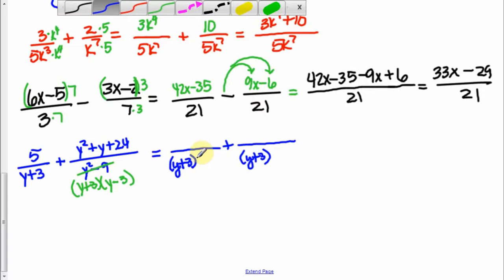So I'm going to need a y minus 3. And then you ask yourself, what did you multiply this denominator by to get this new one? I have y plus 3, and here I have y plus 3 times y minus 3. So what have I multiplied this by to get this one? Y minus 3. So you're going to put it times y minus 3, top and bottom.